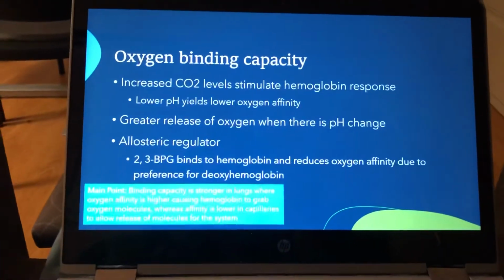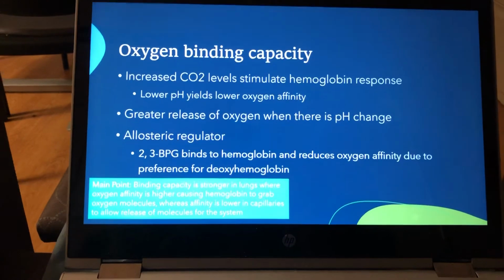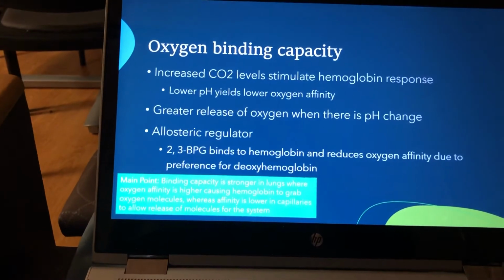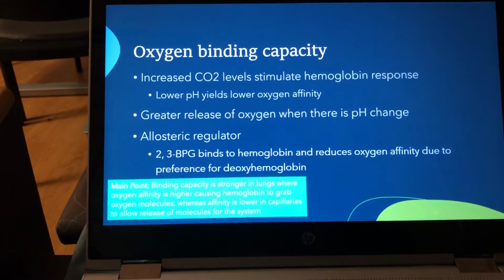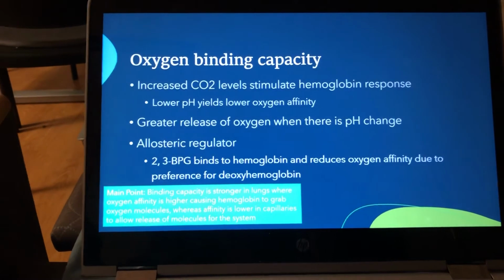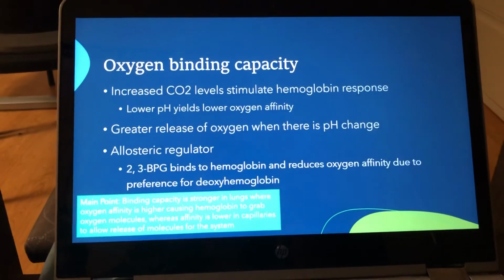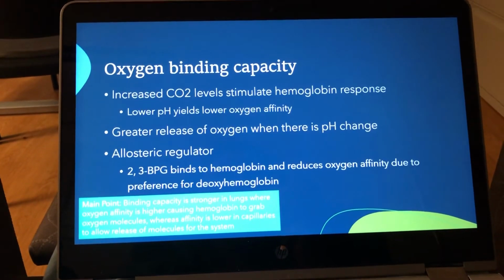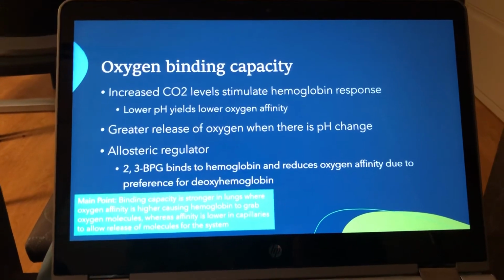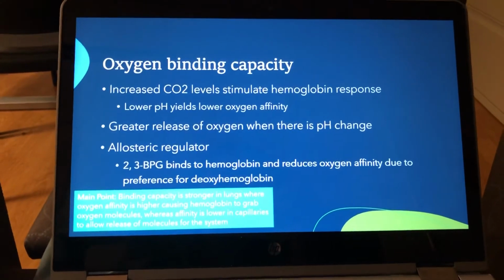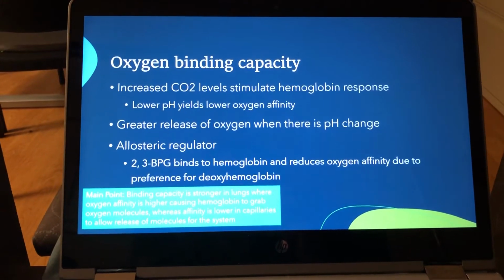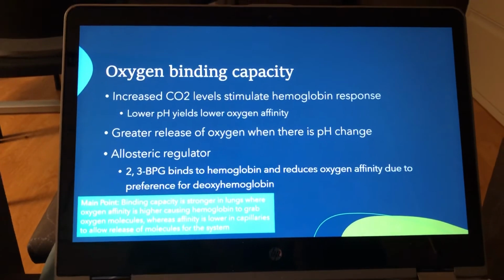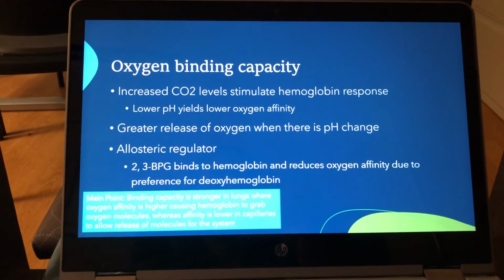Now, back to this oxygen binding capacity. What exactly is going on with that, and where is it at relatively from the lungs versus the capillaries? So, like I said previously, it's these increased carbon dioxide levels which are stimulating the hemoglobin response to begin with. The increased CO2 lowers the overall blood pH, and this causes the oxygen affinity of the hemoglobin to decrease.